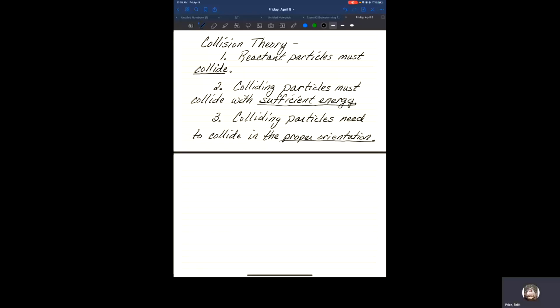So for me to feed him, I needed to bring together food and him. That's my collision. If I didn't bring the food in fast enough or forcefully enough, he wouldn't eat. He would deflect it.